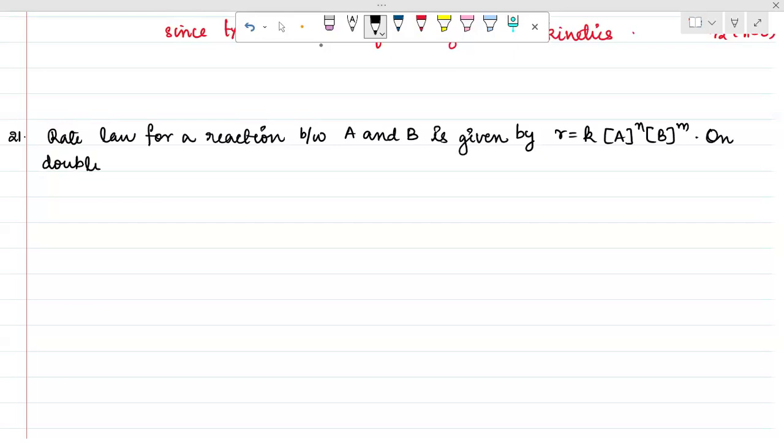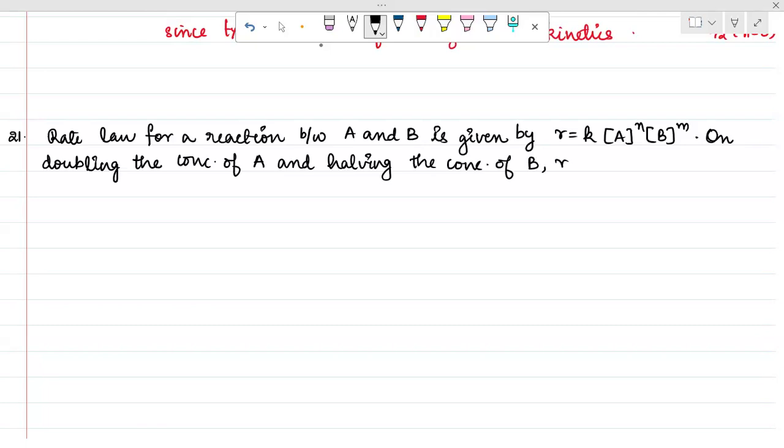On doubling the concentration of A and halving the concentration of B, the ratio of new rate to earlier rate will be.